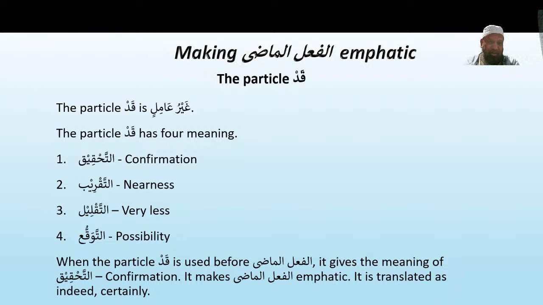Let's go through again. The particle قد has 4 meanings. Number 1, التحقيق, confirmation. Number 2, التقريب, nearness. Number 3, التقليل, very less. And number 4, التوقع, possibility. Let me talk a little bit about تقليل.